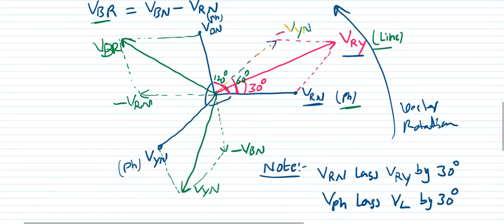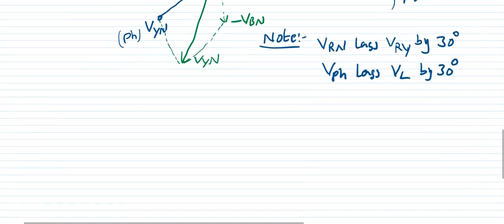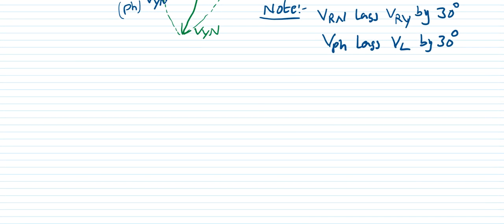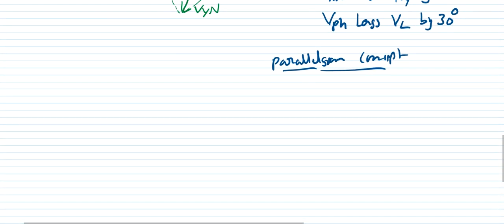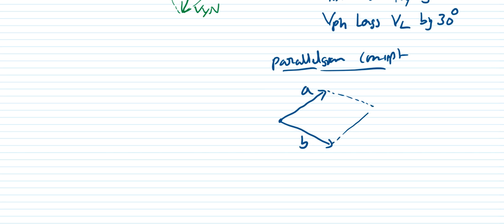Now come back here, and let us understand one more concept, the parallelogram concept. What is this parallelogram concept? Suppose you have an a vector and a b vector, and the summation of these two vectors is the c vector, and the angle between the a vector and b vector is theta.